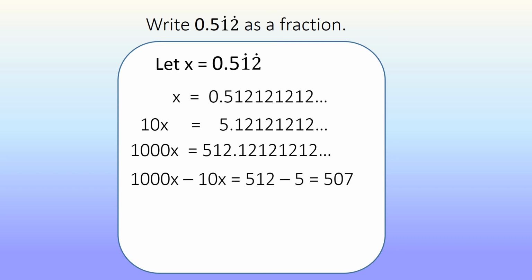So we are left with 990x is 507, which we can rearrange to x equals 507 over 990, and this simplifies to 169 over 330.